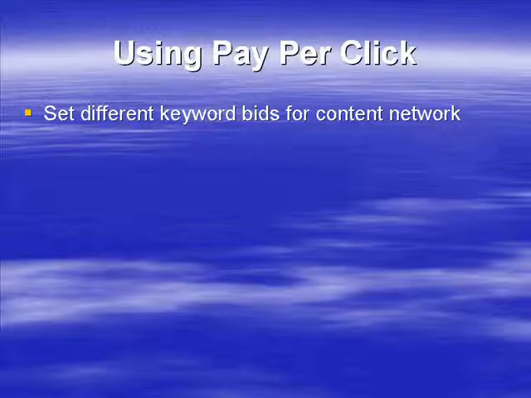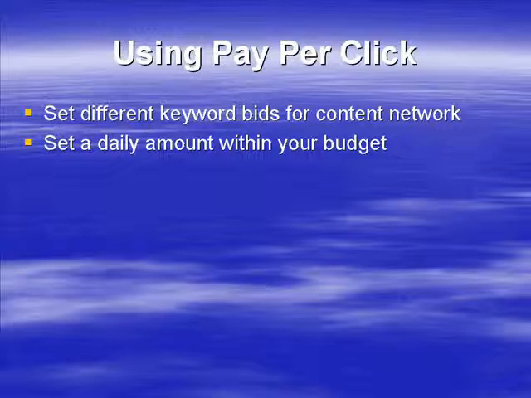Typically, I will bid under 10 cents for the content network, depending on how competitive the keywords are. 10 cents or 10% of the value of the keyword on the organic search engine network. That's a reasonable rule.